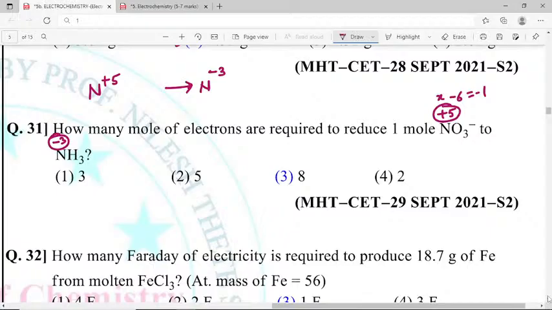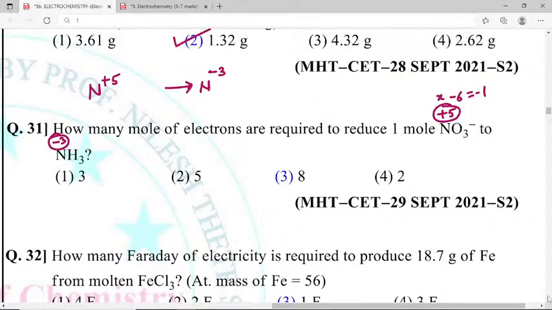So how many electrons are added? 8 electrons. So this is 8 moles of electrons for 1 mole. Get it?